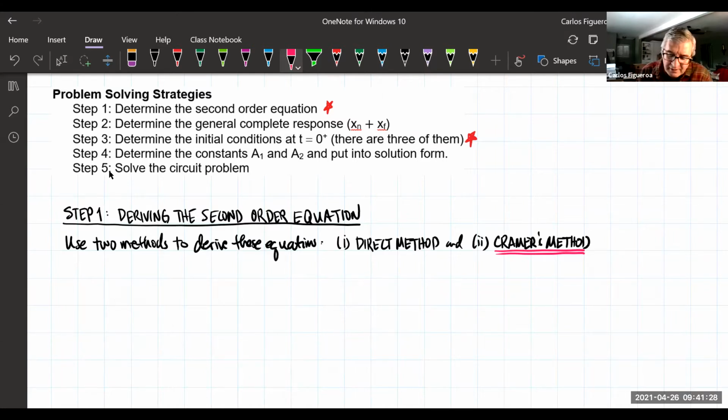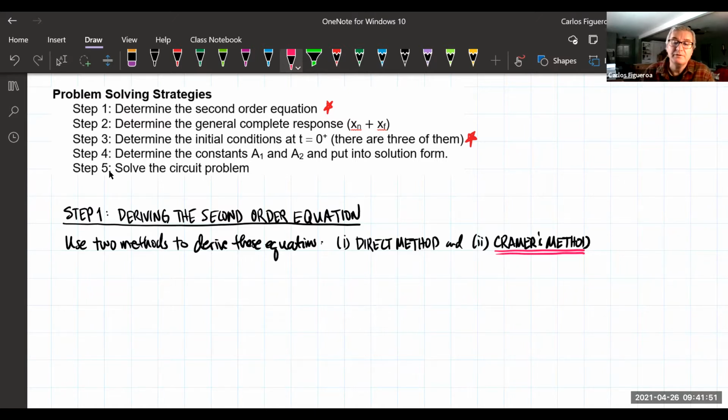What you're going to find is that a lot of schools only deal with the direct method, which is a real handicap, especially if you get an RLL or an RCC circuit. Man, that direct method, it's just awful. You don't want to deal with that.